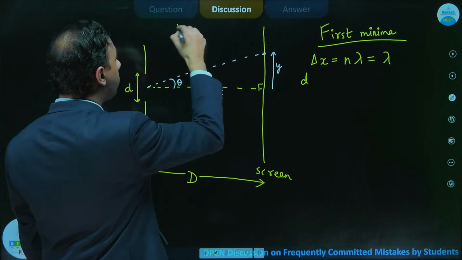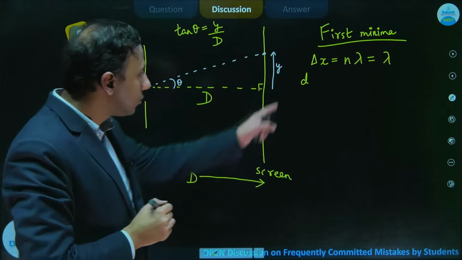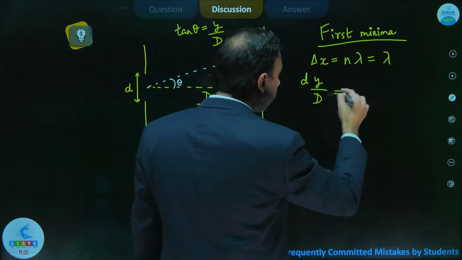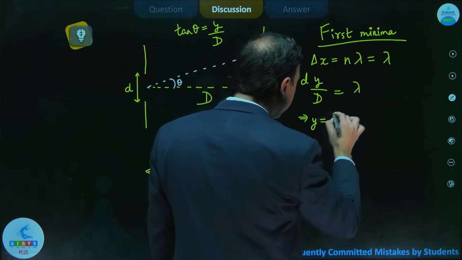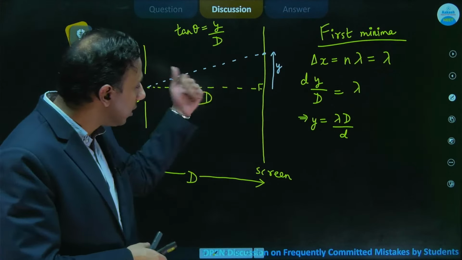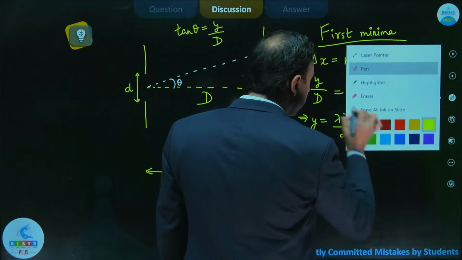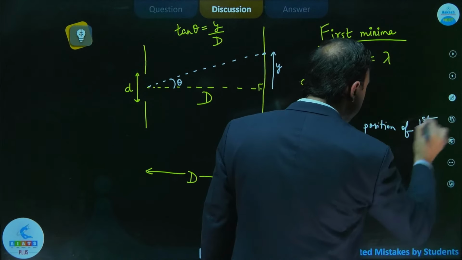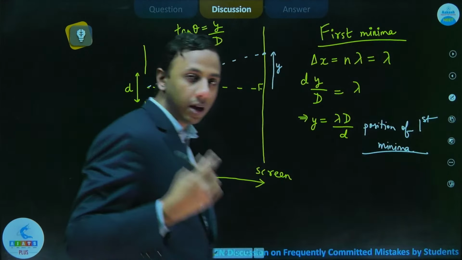Capital D. So tan theta becomes y upon capital D. So this will become d into tan theta, that is d into y upon capital D, equal to lambda. So what does y come to? From here y is lambda D by small d. So this is the position of first minima. But now read the question again.